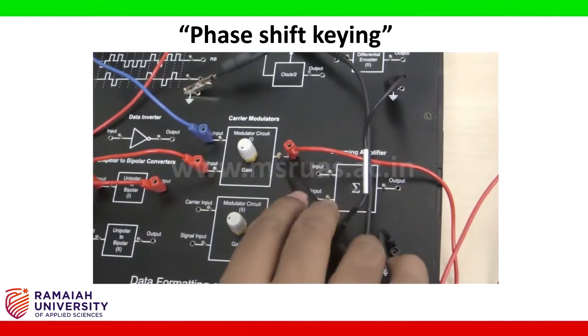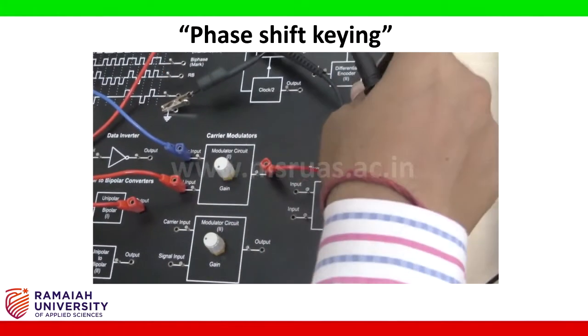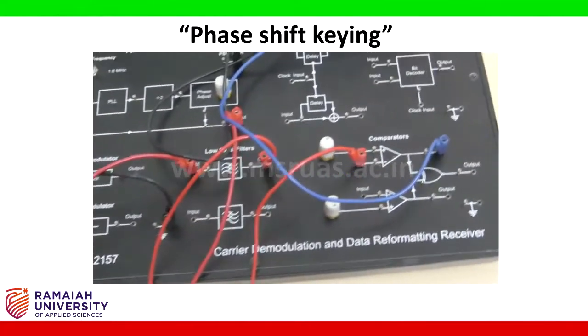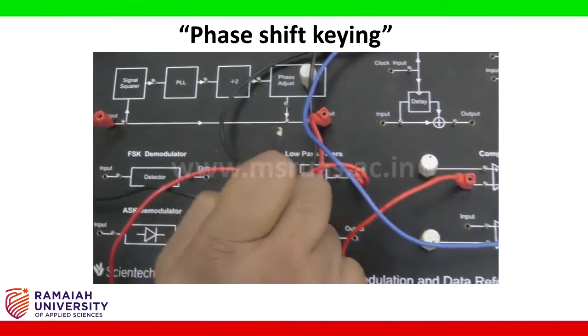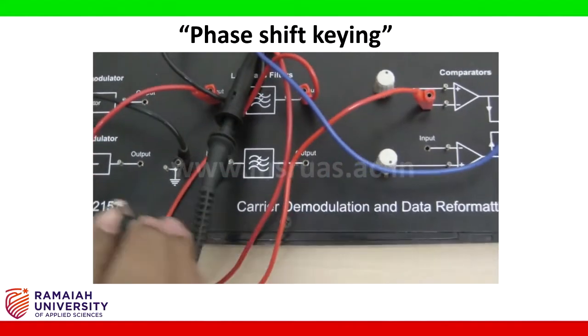Now I am moving the channel 2 oscilloscope probe from the output of the PSK modulation to the output of the PLL, and the negative is connected to the ground.